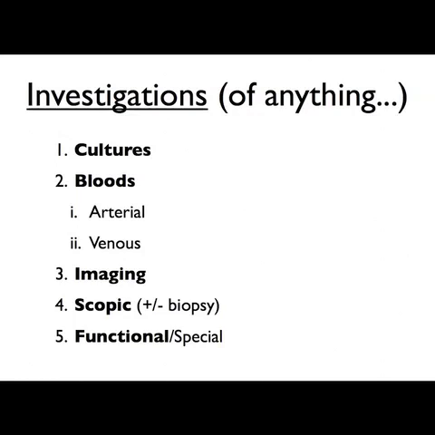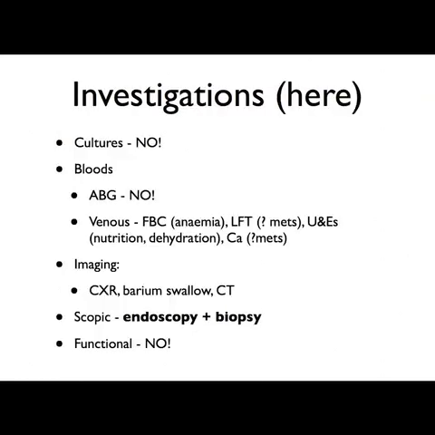So when we're thinking now about investigations in esophageal carcinoma, or if we suspect esophageal carcinoma, let's go through some of those. Cultures, I wouldn't say they're necessary in this situation. No need to do sputum, CSF, not really useful. Arterial bloods, no, not useful in this case. Venous bloods, yes, normally helpful.